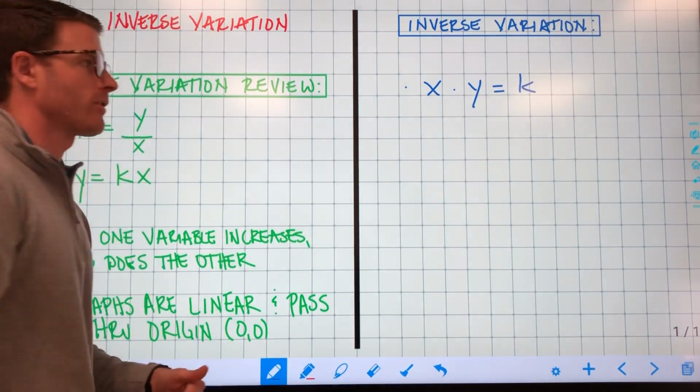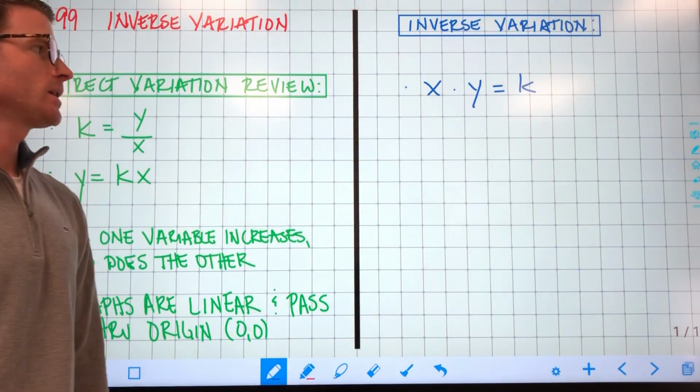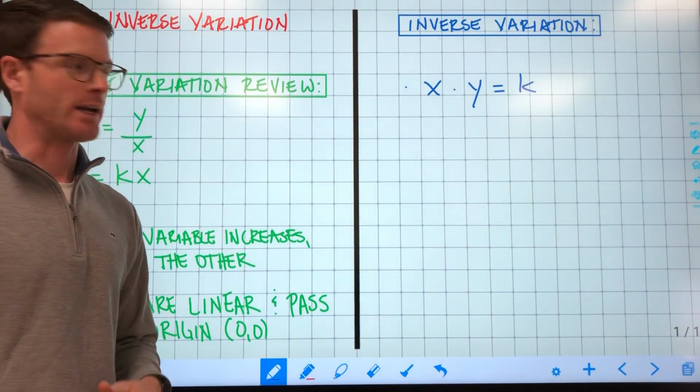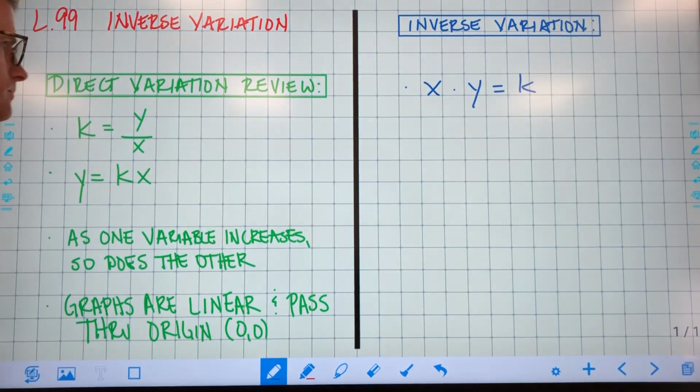So in an inverse variation relationship, the two variables multiplied together always equal a constant.